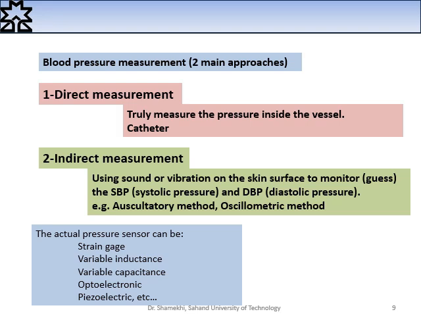For example, the auscultatory method, the oscillometric method, and so on. The actual pressure sensor can be a strain gauge, variable inductance, variable capacitance, optoelectronic, or piezoelectric sensor, and other types of sensors can also be used for actual pressure sensing in blood pressure measurement.